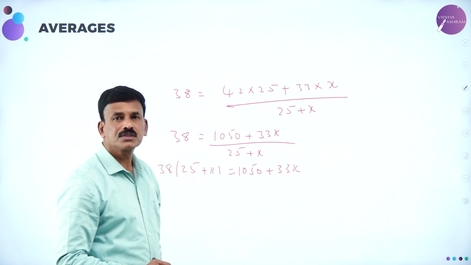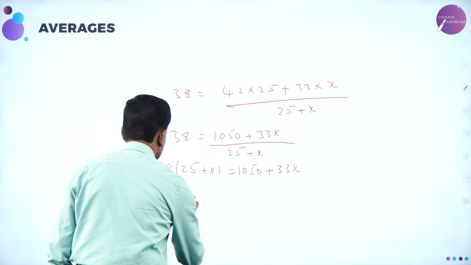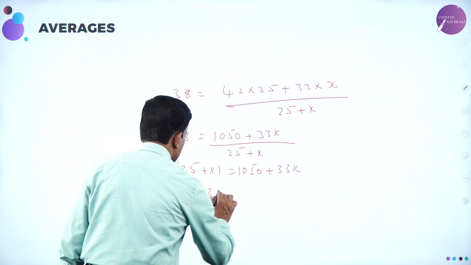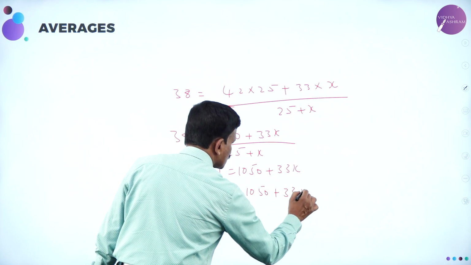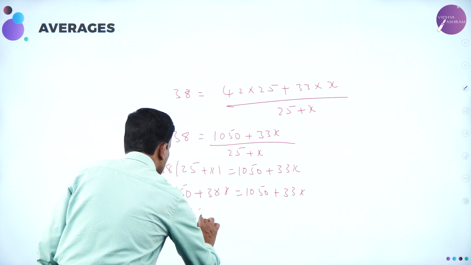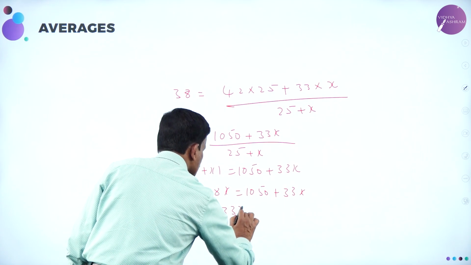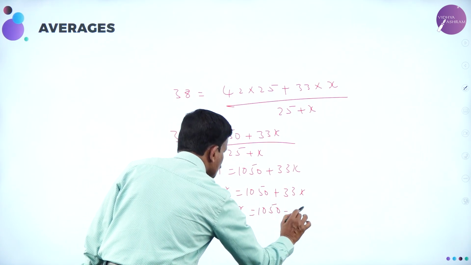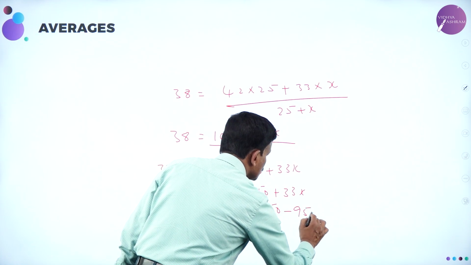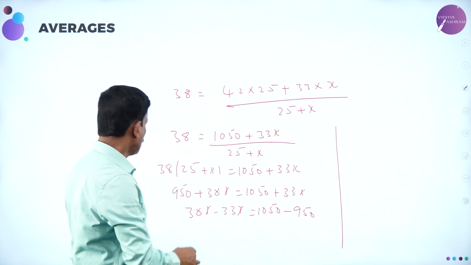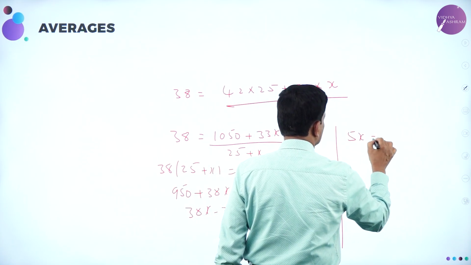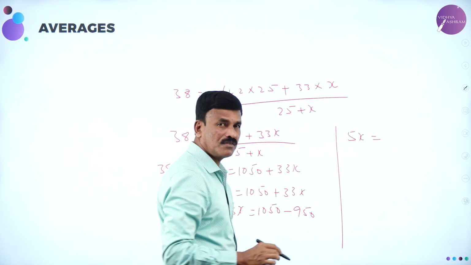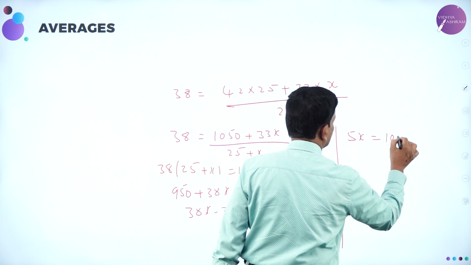So, 38 into 25 is 950, plus 38x is equal to 1050 plus 33x. Transfer this: 38x minus 33x is equal to 1050 minus 950. 38 minus 33 is 5, so 5x is equal to 100.